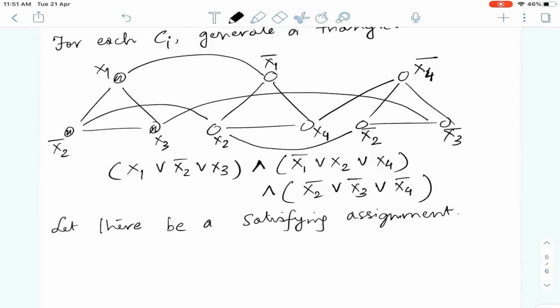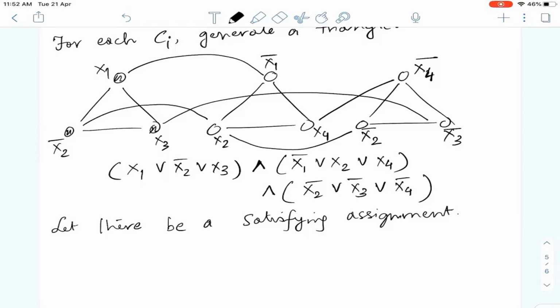Remember, if there is a satisfying assignment, what does it mean? It means that every clause has at least one literal that has been set to 1. That's the only way you can satisfy this, because it's a conjunction. So in every clause there is one literal which has been set to 1. There can be more than one; maybe all 3 literals are 1. That's fine. I just take one clause at a time.